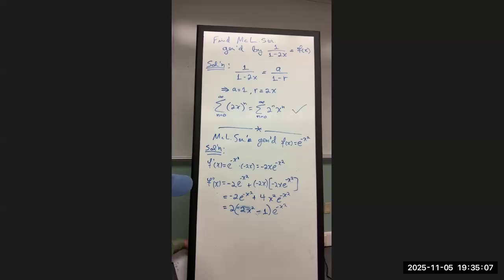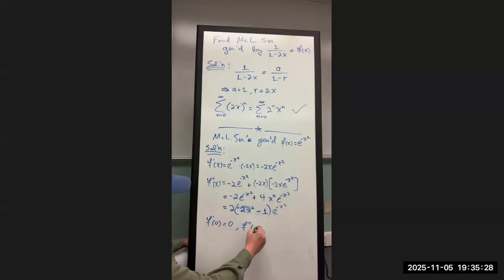Okay, so already maybe we can find the pattern quickly because these derivatives are getting ugly. So if we plug in 0, we get 0 for the first one. So f prime of 0 is 0.